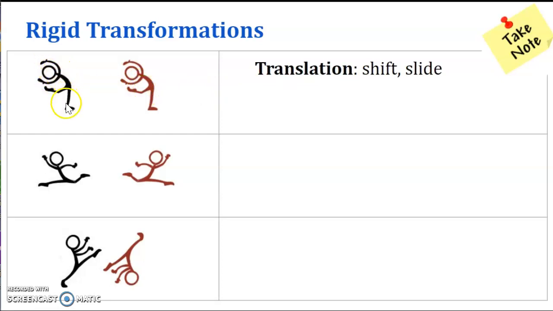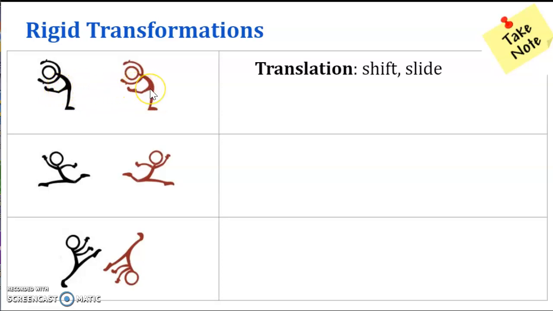Looking at this dancer, her orientation is pointing up to the left, and the new image is also pointing up and to the left. So the orientation is exactly the same, the size is the same, and the shape is the same. The only thing that is different is location, where it is.